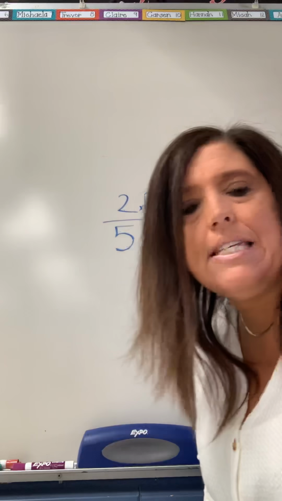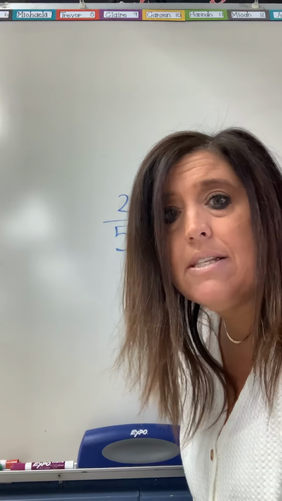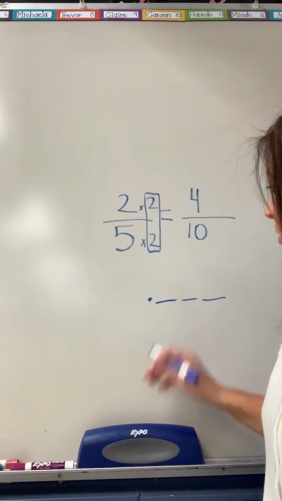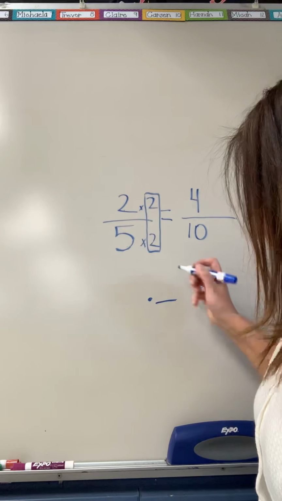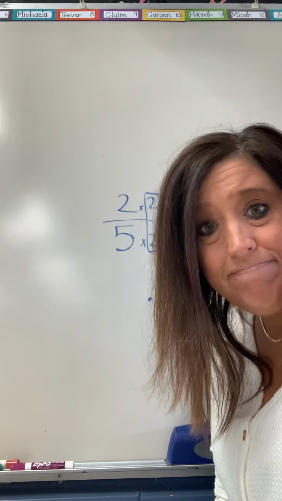4/10. If I were to say to you, I want you to write 4/10 down on your paper, some of you might write it in fraction form, but some of you might write it as a decimal. How would I write 4/10 as a decimal? Well, I would put the 4 into the tenths column. There you go.